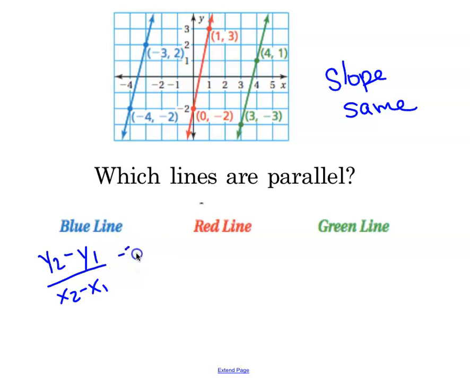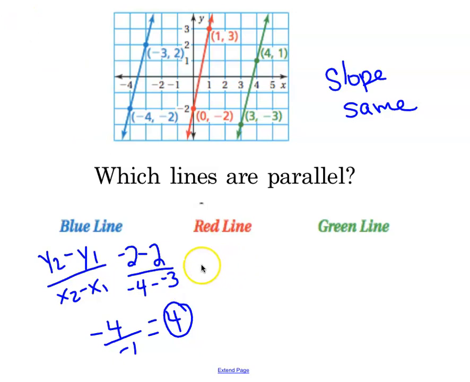So if I do y2 as -2, y1 as 2, over x2, which is -4, minus -3, I get my slope to be -4 over -1, which is a slope of 4, okay?